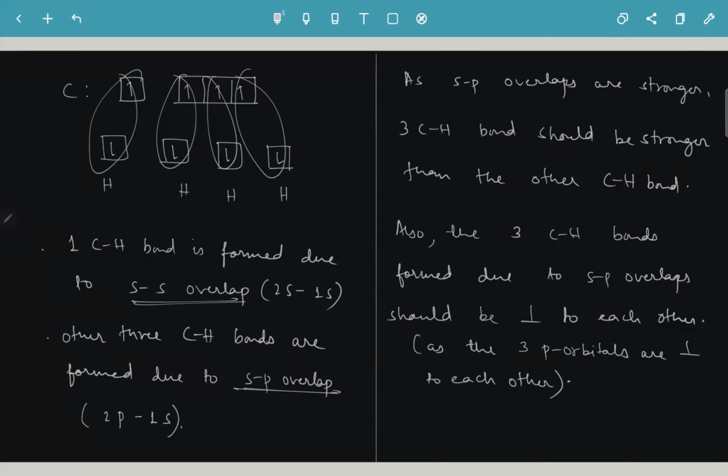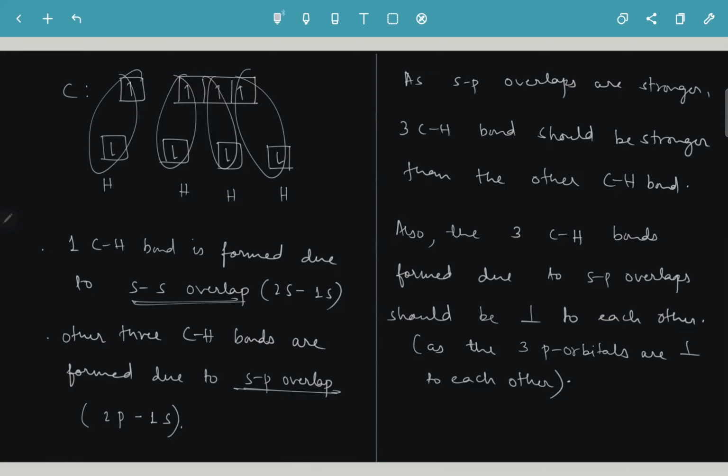But on experimental study of the CH4 molecule, it has been reported that all the carbon-hydrogen bonds in CH4 are of equal strength. All the CH bonds are equally strong. And all the carbon-hydrogen bonds are oriented not at 90 degrees to each other, but at an angle of 109 degrees, which results in a tetrahedral orientation.